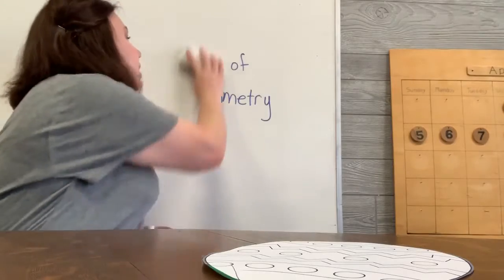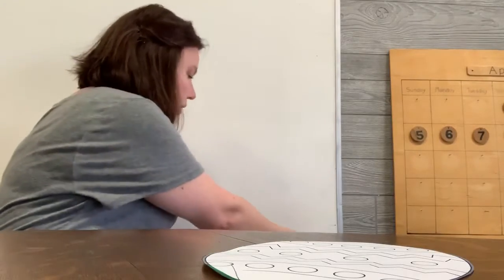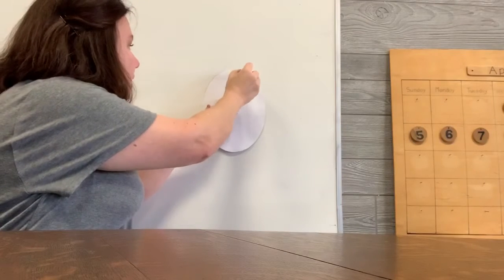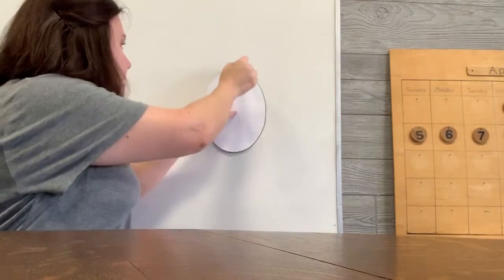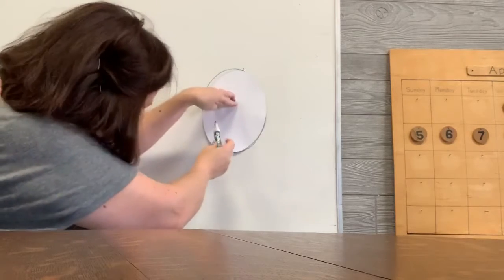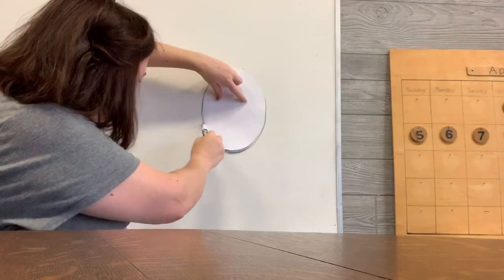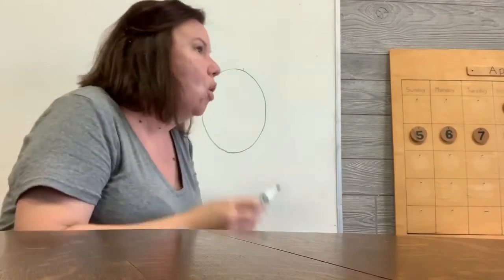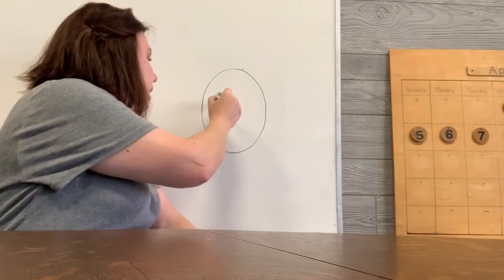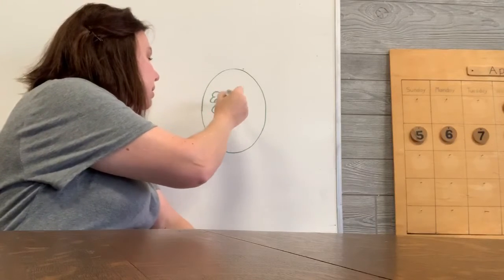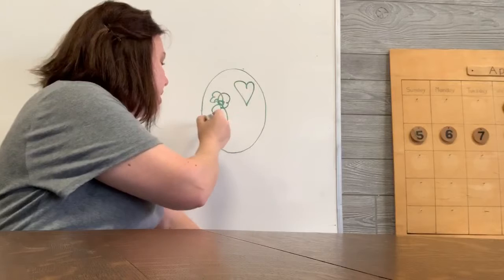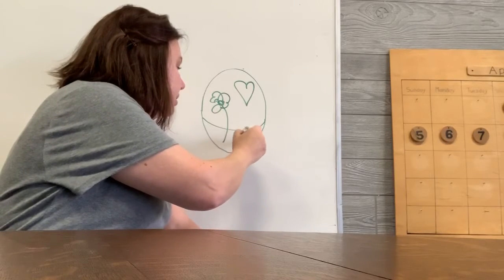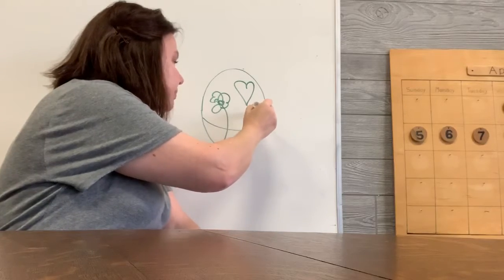So let's look at a couple of examples here. Let's say this is my egg. What if I wanted to draw like a flower over here and a heart up here and a smiley face down here, maybe another flower?